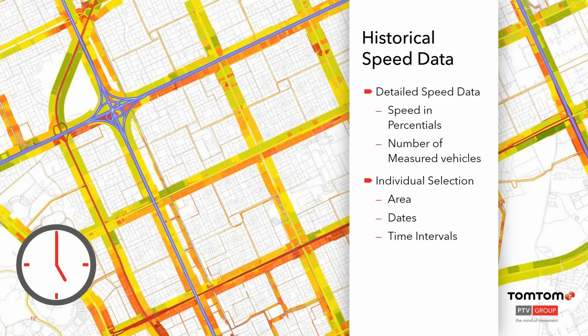Also, some very helpful information is how many vehicles have been measured in that time interval. That gives you not only an idea of the quality of that data, because you can say, okay, this speed value is based on the measurement of like 300 or 3,000 vehicles that have passed this link.